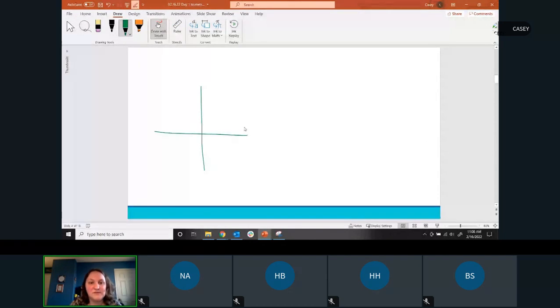Remember y equals x, the slope is 1 and the y-intercept is 0. So y equals x is just a diagonal line through 0 with a slope of 1. Y equals negative x still has a y-intercept of 0, but the slope is negative 1, so it's a diagonal line going that way through the origin.